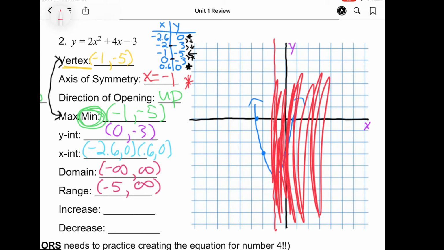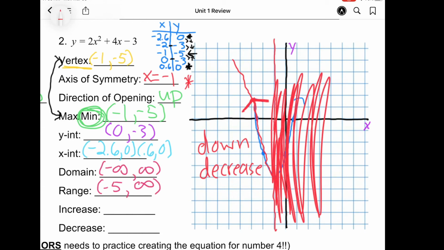We need to determine, if we followed the graph with our finger, starting from left to right, are we going down or up? We're going down. So that means we are decreasing. Now, what x values are involved on this side of the graph? Well, this arrow shows that we are slowly moving to the left forever and ever.